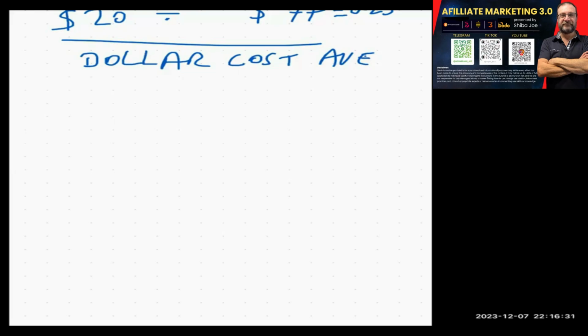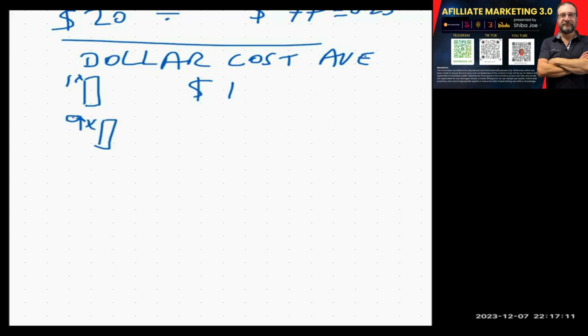Let's say, for example, I buy 10 iPhones. Let's say iPhone number 1, I pay $1. Now let's say I go and buy another 9 iPhones, but for these 9, I pay $5 each.